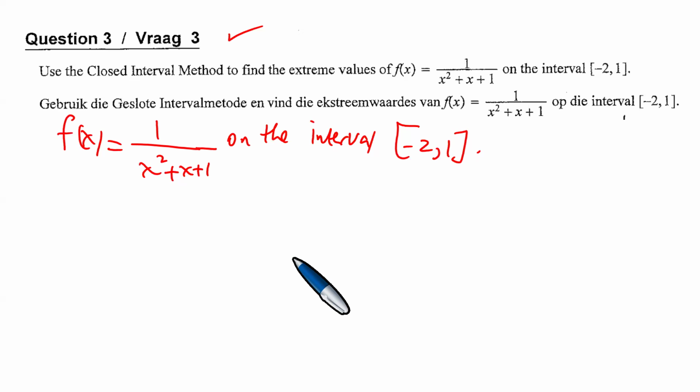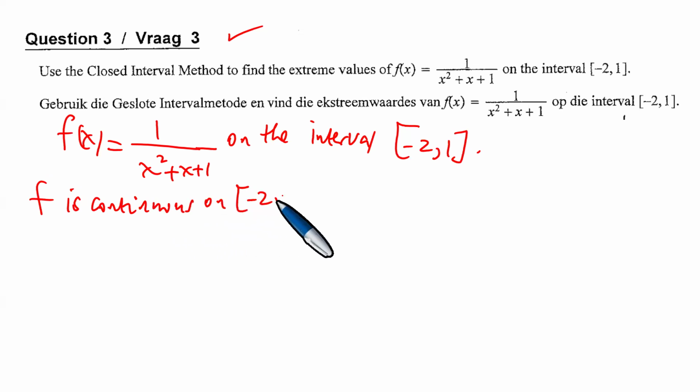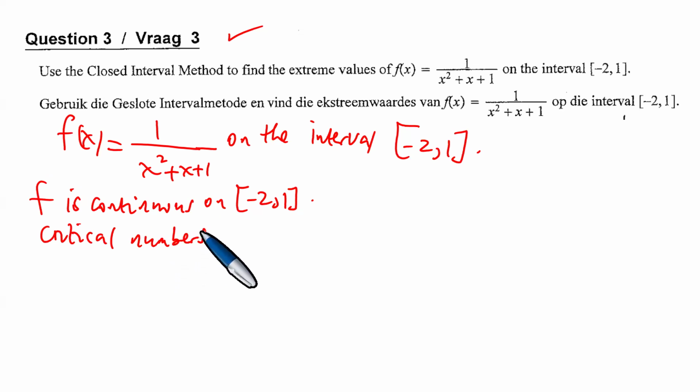All right, so use the closed interval method. First, we need to note that f must be continuous, which is what it requires. So f is continuous on minus 2, 1. The critical numbers would be found from f prime.